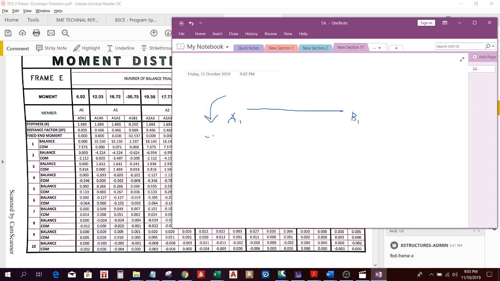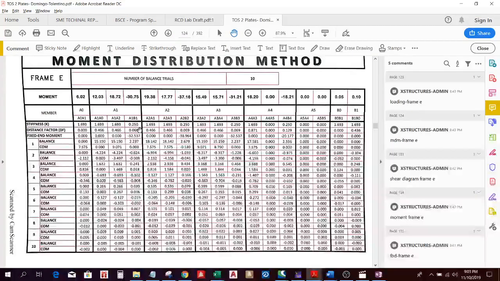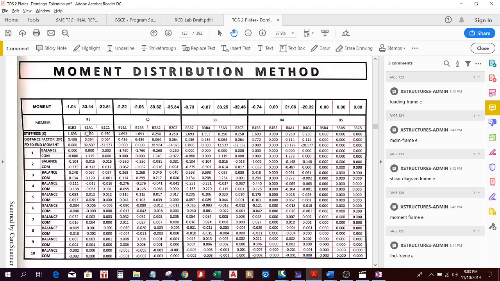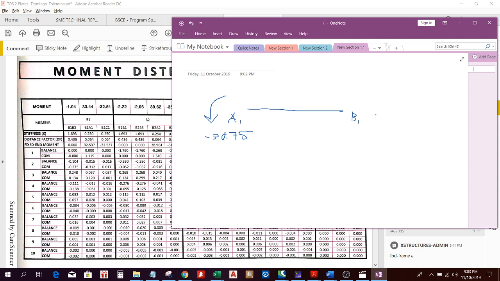Negative 30.75. How about B1 going A1? Where's that? This one. So B1 going A1, he got 33.44. Positive. Positive is this. 33.44.